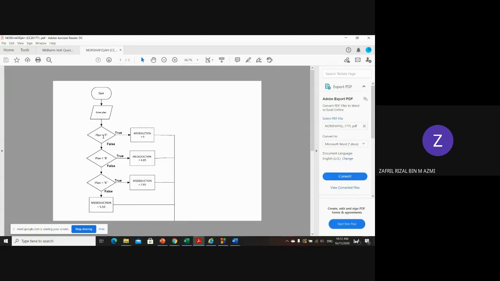That way, when people read your flowchart or your algorithm, they will definitely know that it is not an assignment. Assignment is plan equal to f, where you assign f to plan. That is a different meaning. If you put two equals, it means we want to compare whether the plan value is equal to f or not. So just add another equal over here.